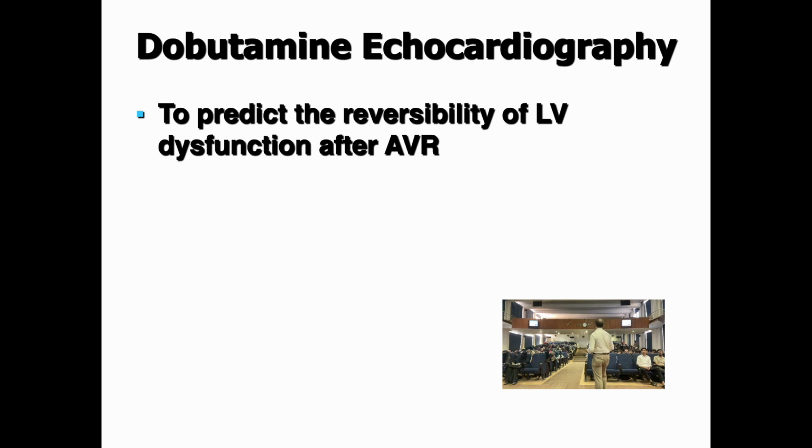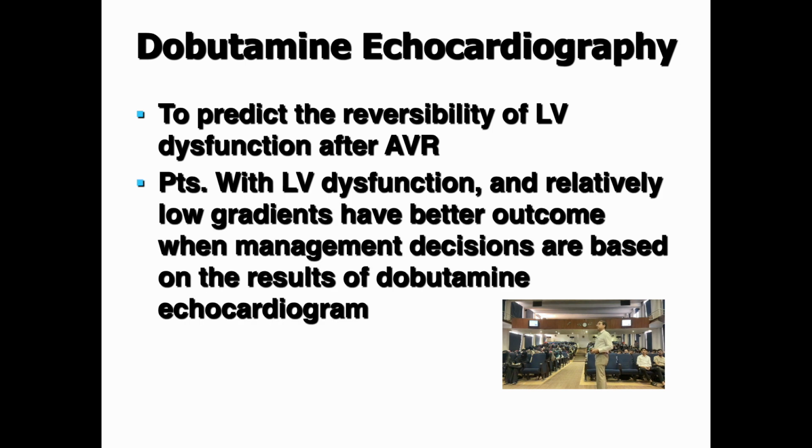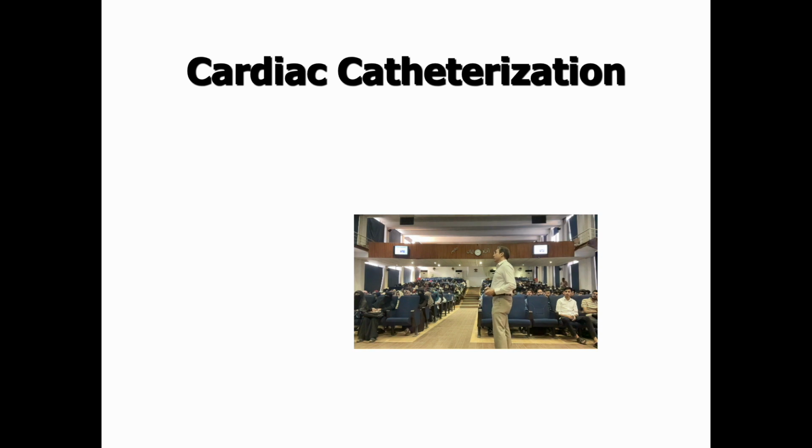How much reversibility is there? Patients with LV dysfunction and relatively low gradients have better outcomes when management decisions are based on the results of dobutamine echocardiography. So we will go for a dobutamine echocardiography. When we do a cardiac catheterization in these patients, since this patient is complaining of chest pain, you suspect there may be associated coronary artery disease.